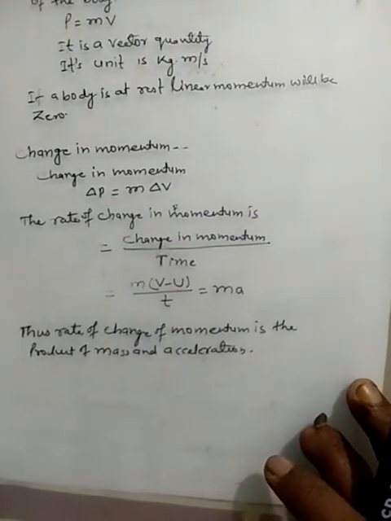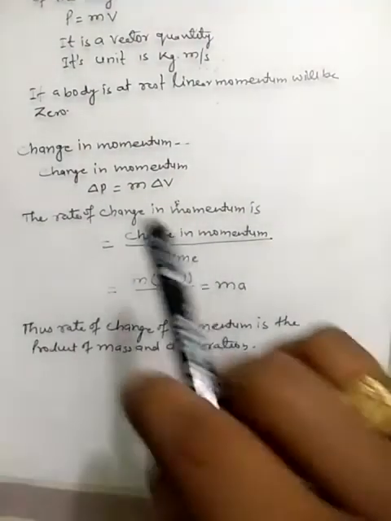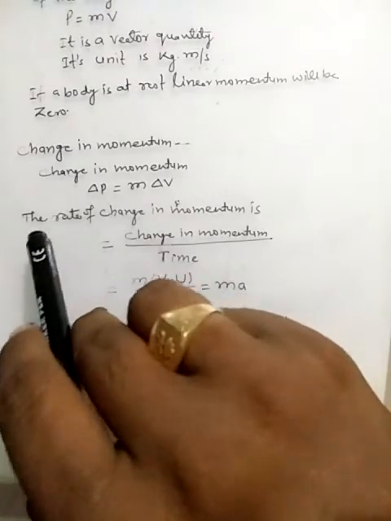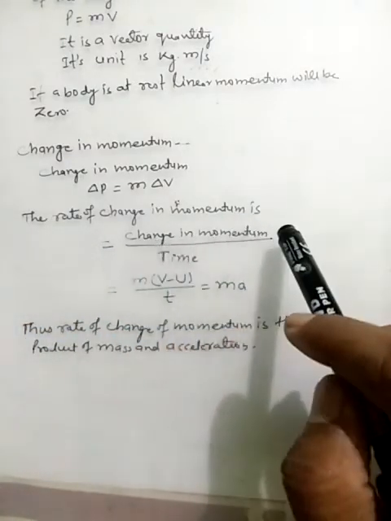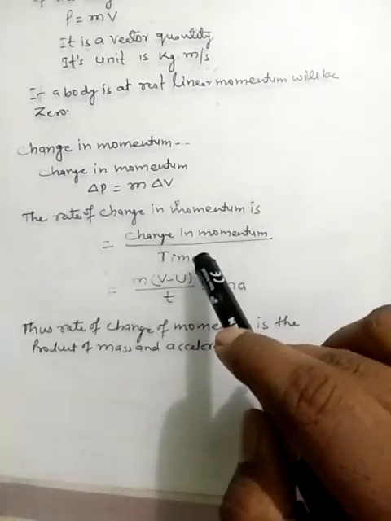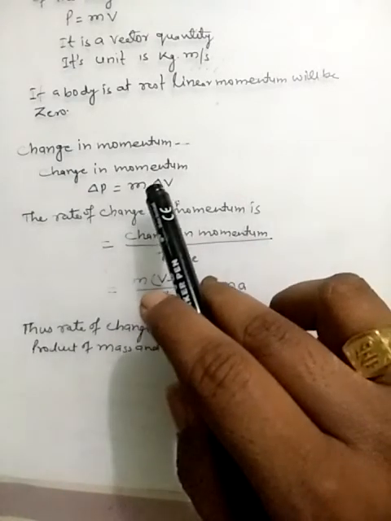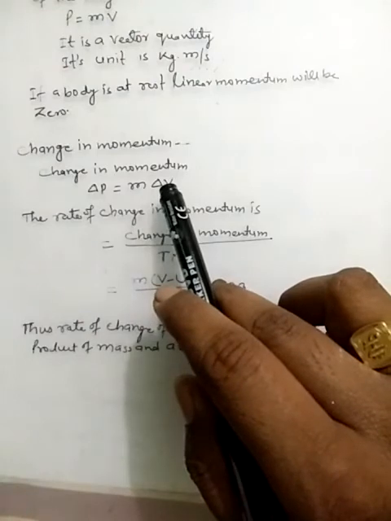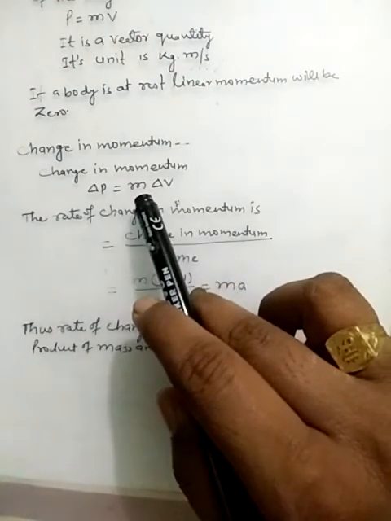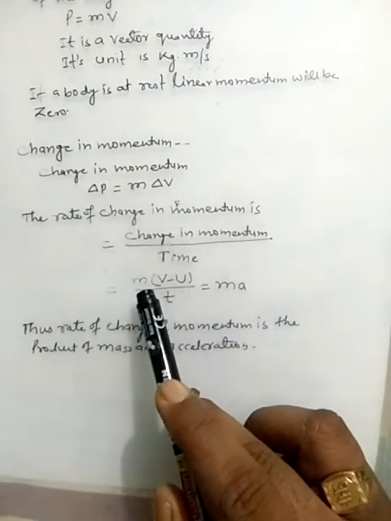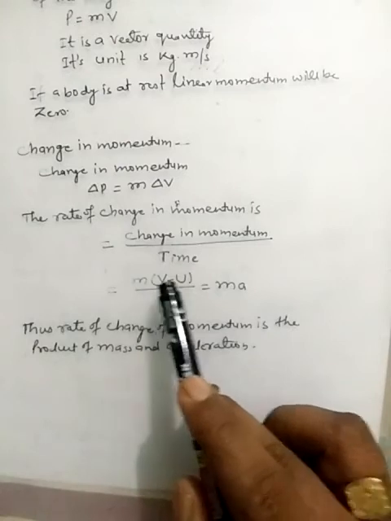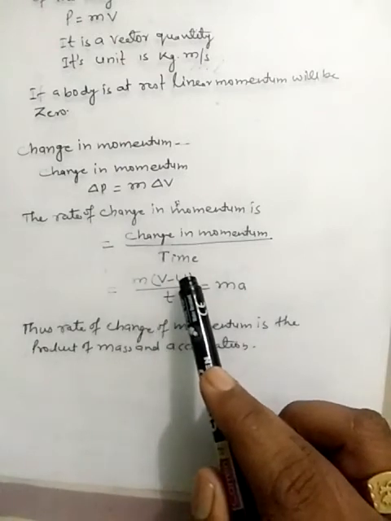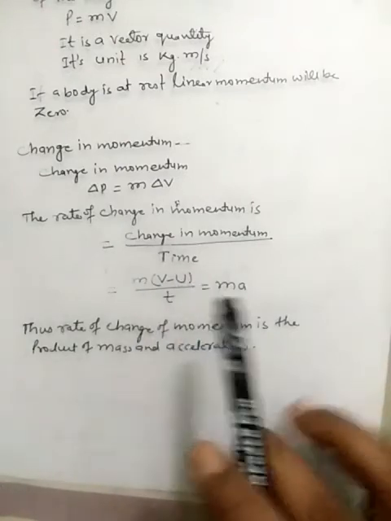Here the mass of the object is constant, and the rate of change of momentum is the change in momentum with respect to time. Change in momentum is mass into v minus u, where v is the final velocity and u is the initial velocity, divided by time.